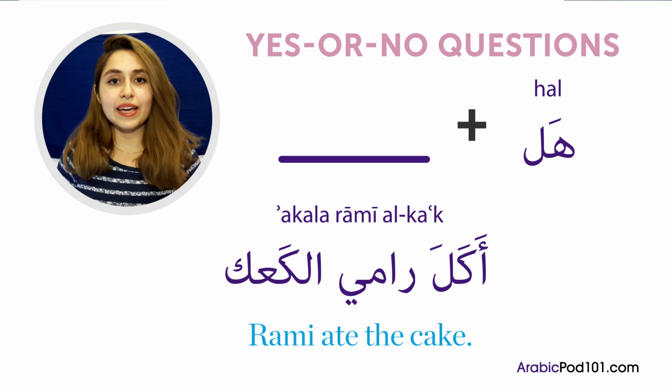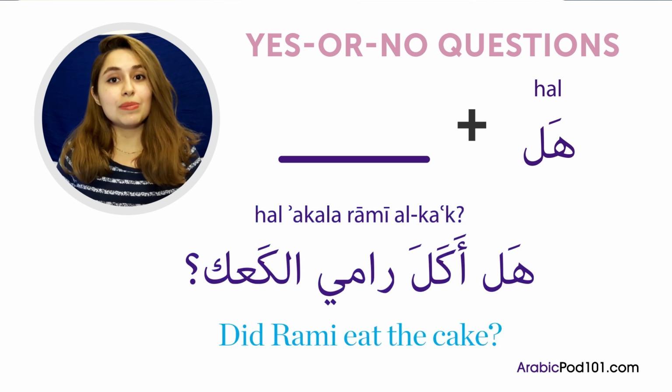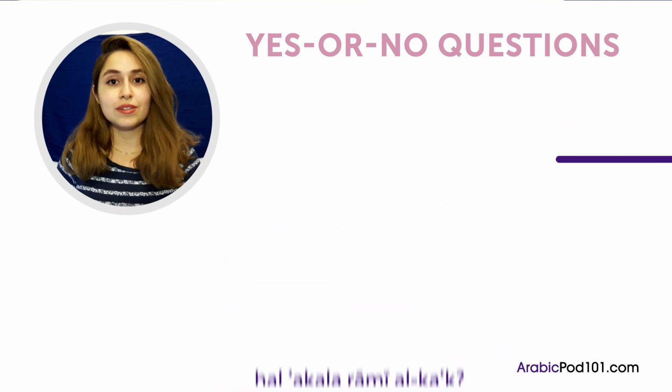Rami ate the cake. If we want to ask whether Rami ate the cake, what do you think we'll say? You're absolutely right. هل أكل رامي الكعك? Did Rami eat the cake? Pretty simple, right? Especially in comparison with English, where you have a different structure for questions.